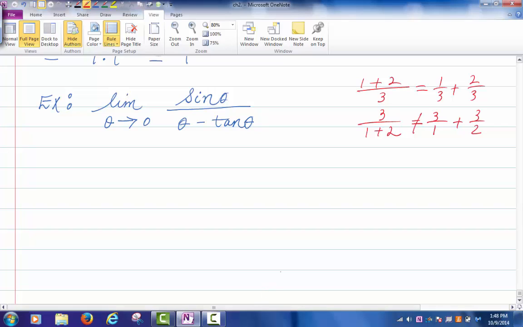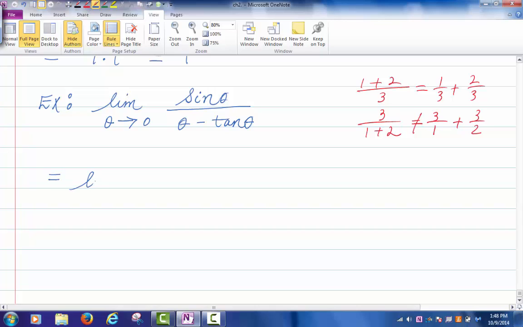Okay. You could, but I'm not sure if that's going to help. Oh, right, tangent as sine over cosine.